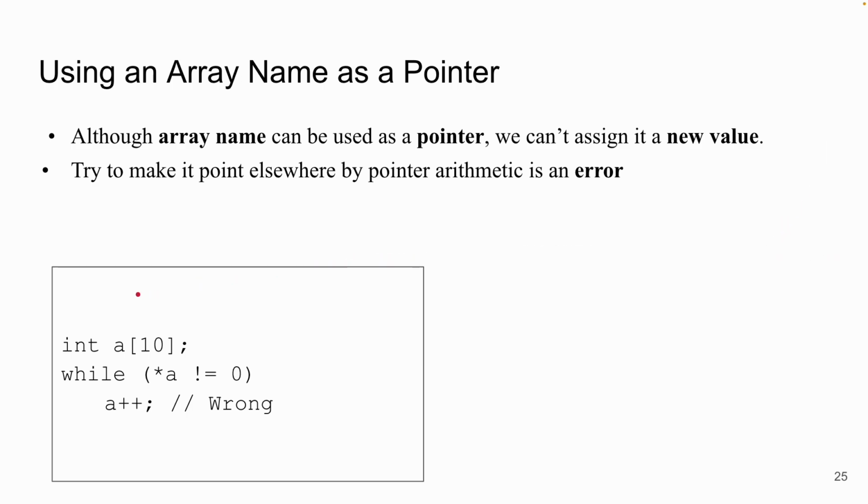For example, if we try to increment A, if we try to use A, the name of the array, to traverse the array itself, you will get a compilation error. That is the design of C, because C wants the name of an array to always point to the first element of the array. So we cannot change the value stored inside the name of the array.